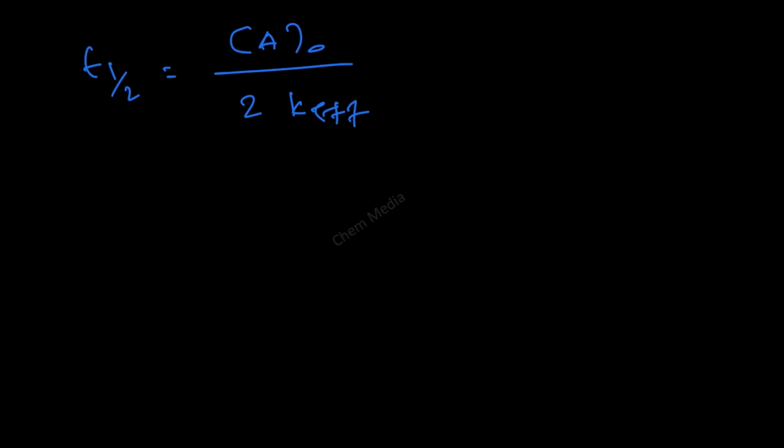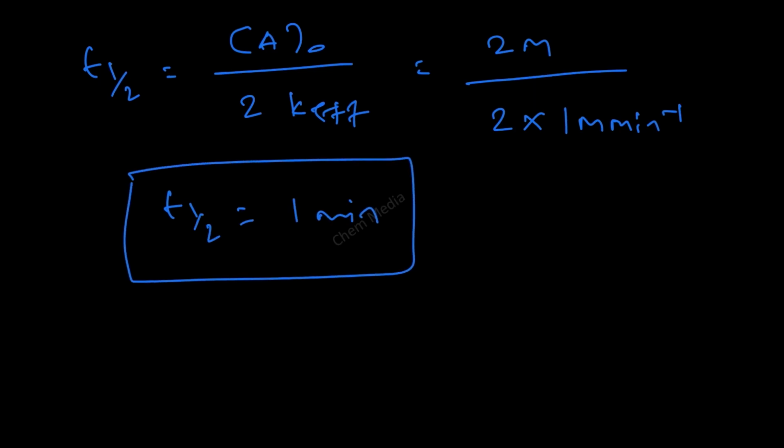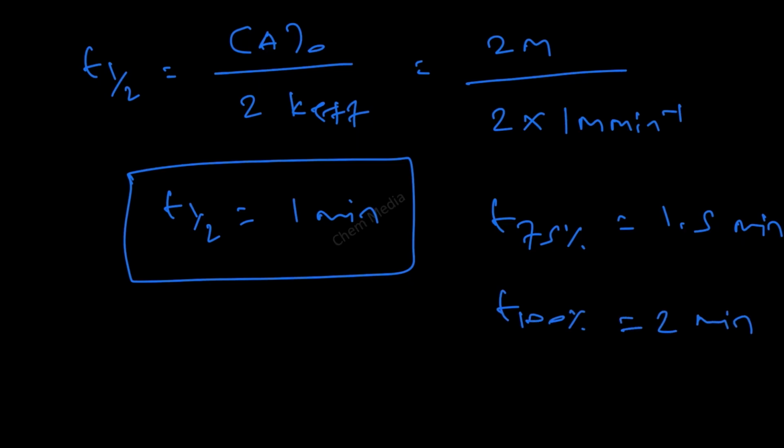So if we substitute the values, 2 molar divided by 2 times 1 molar per minute, we get T half equal to 1 minute. If T half is 1 minute, then T 75% will be 1.5 minutes and T 100% will be 2 minutes. This also looks okay, isn't it?